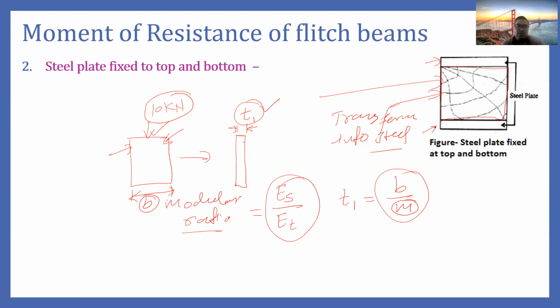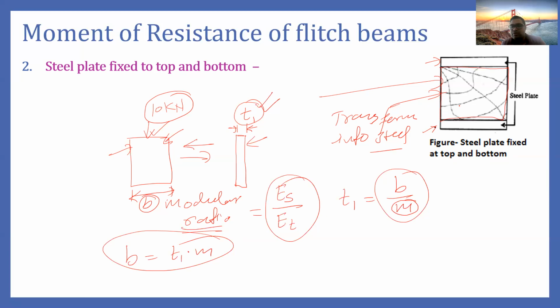If we have to convert vice versa, if we have the steel plate and we want to convert this steel plate into timber, then I would have to calculate the B value. If T1 value is given, then B value can be calculated as T1 into M. So vice versa can be done in the same manner. This process is called transformation of the section.